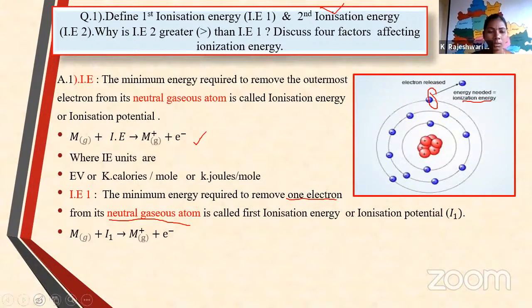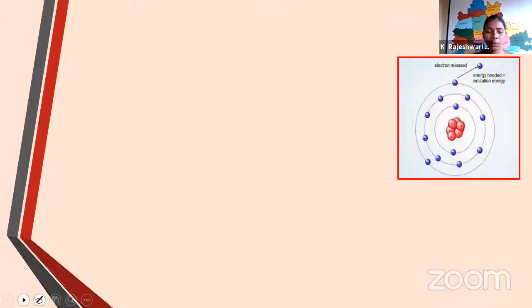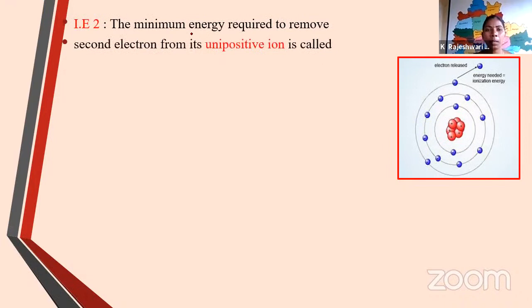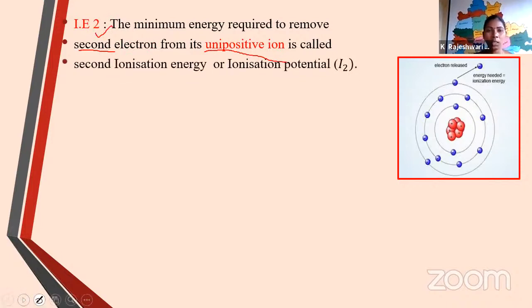The second ionization energy is the minimum energy required to remove the second electron. In the previous case we were removing only one electron. There it was a neutral gaseous state, but for ionization 2 it is a unipositive ion. It is called the second ionization energy or ionization potential I2.